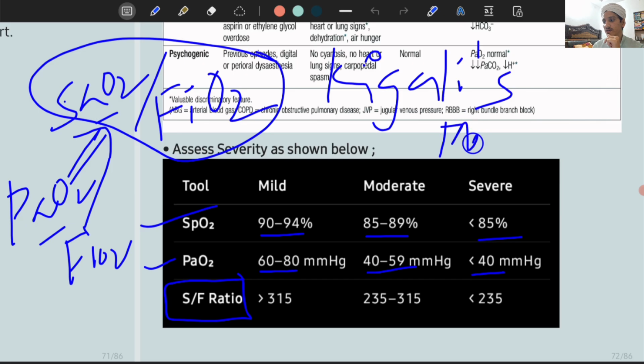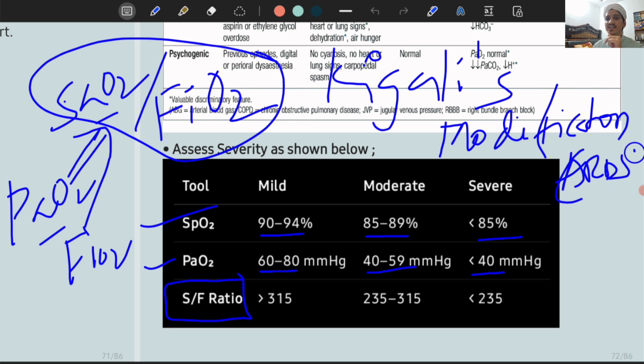To rule out acute respiratory distress syndrome in any patient where the facilities are limited, you can use this S by F ratio. FiO2 we will know, and FiO2 differs depending upon which delivery device you are giving oxygen with.